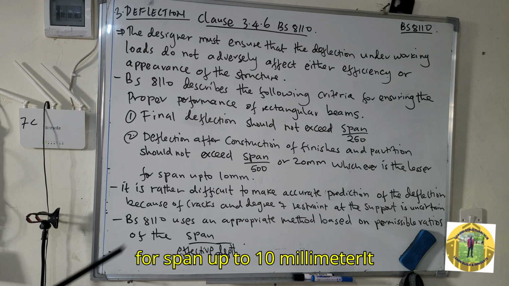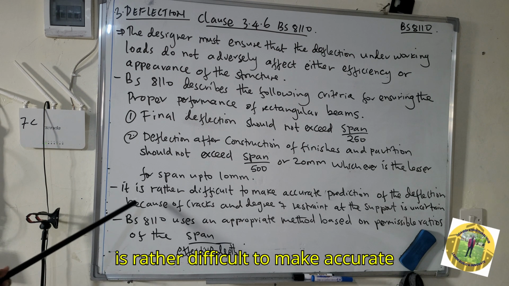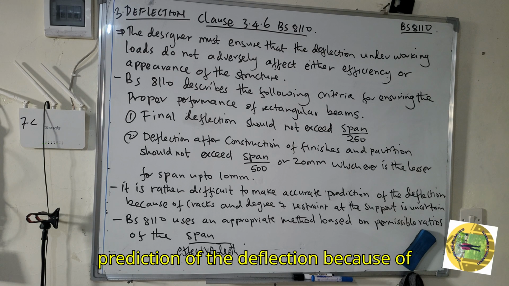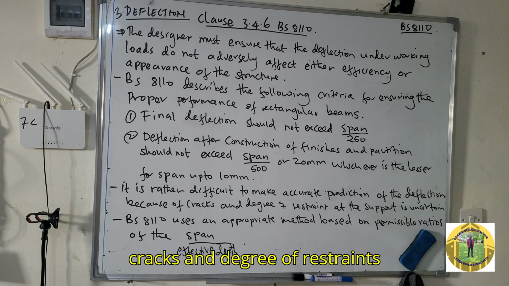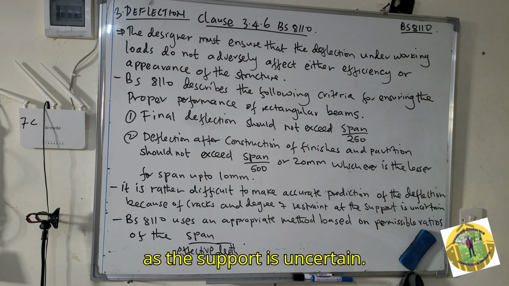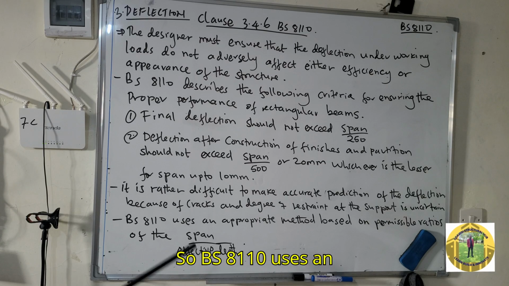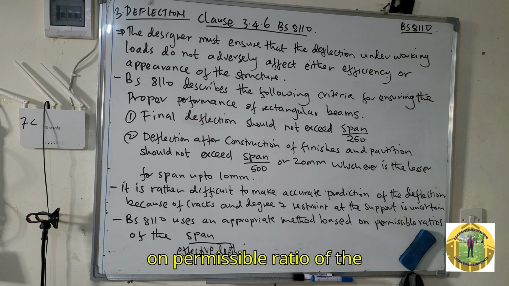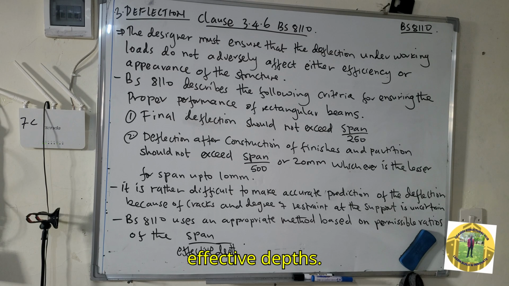For spans up to 10 meters, it is rather difficult to make accurate predictions of the deflection because of cracks and the degree of restraint at the support is uncertain. So BS 8110 uses an appropriate method based on permissible ratio of the span over effective depth.